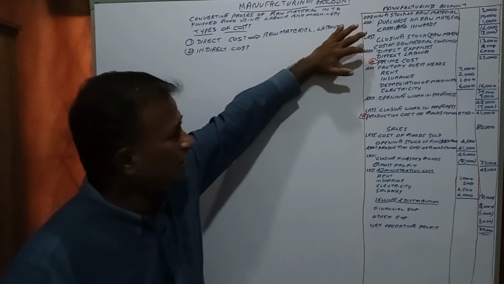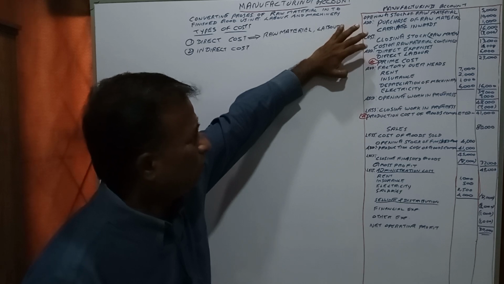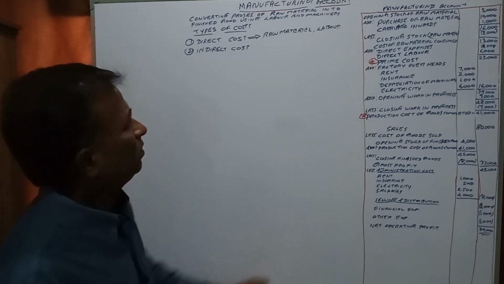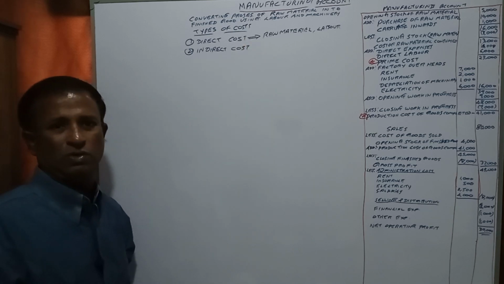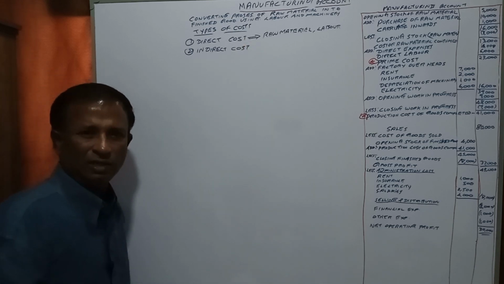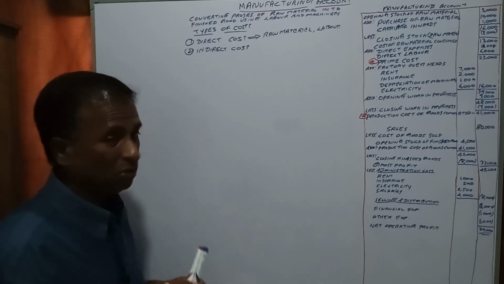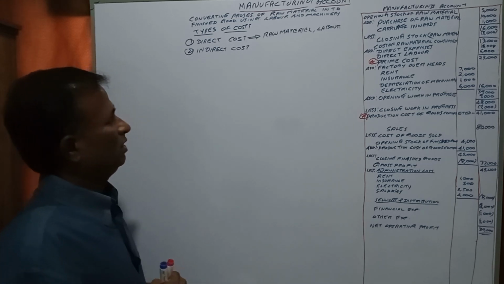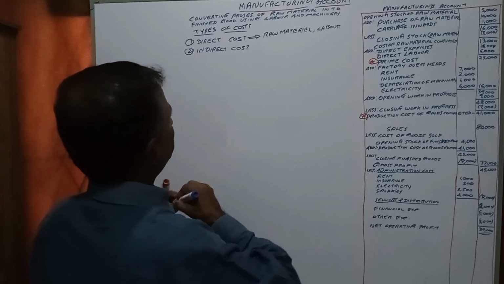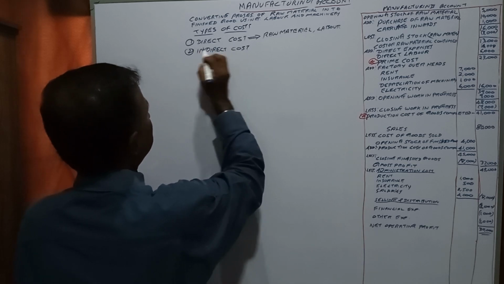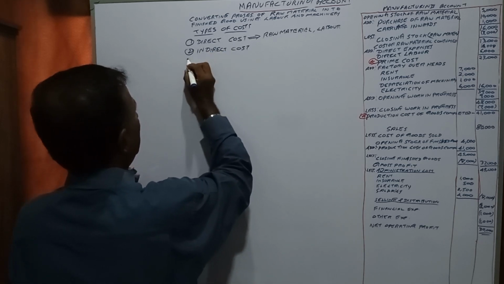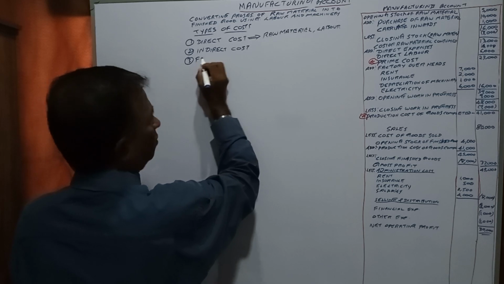Without electricity, can you produce the product? No. Without machinery, can you produce the product? No. Those will come under the overheads. Overhead expense is indirect cost, and direct cost is separate. And one is factory overheads.